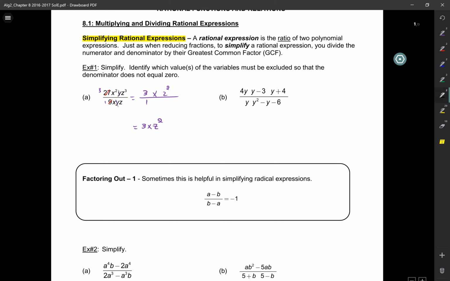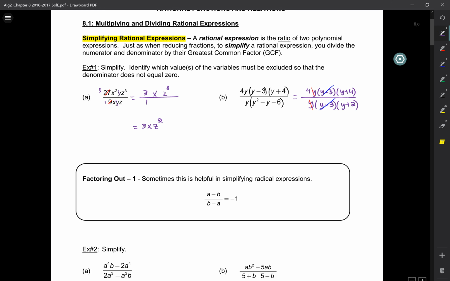Here, we can do the same exact thing. But first, we have to factor anything that can be factored. We're good with the numerator, so I'll just copy that over. And here I have y times y minus 3, y plus 2. All right, so we're just factoring out the y squared minus y minus 6. All right, once you do that, the y minus 3's will cancel, and so will the what?